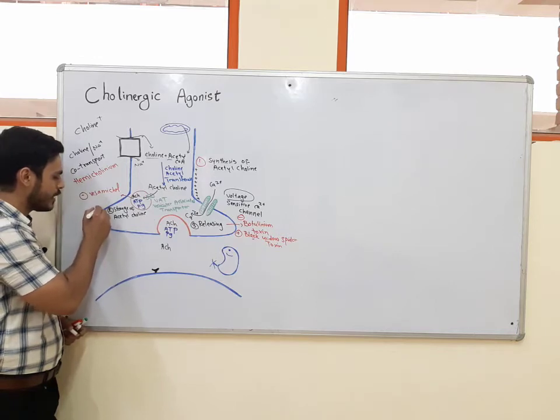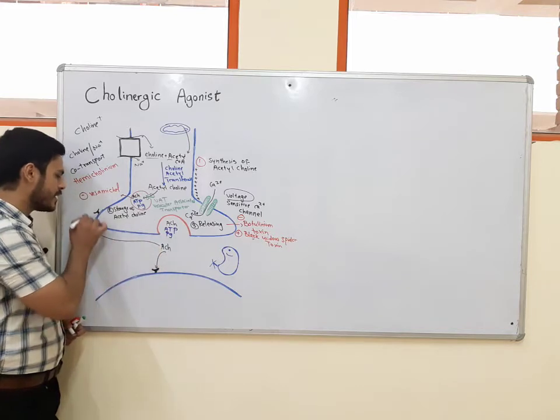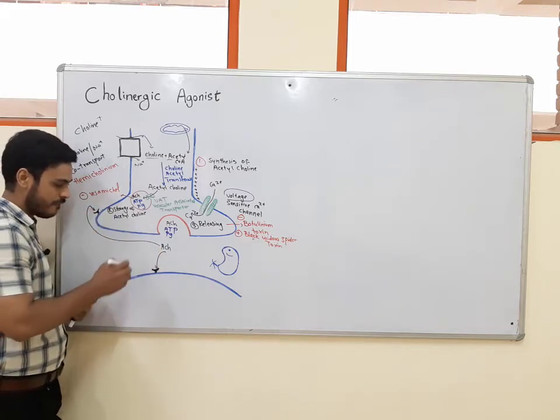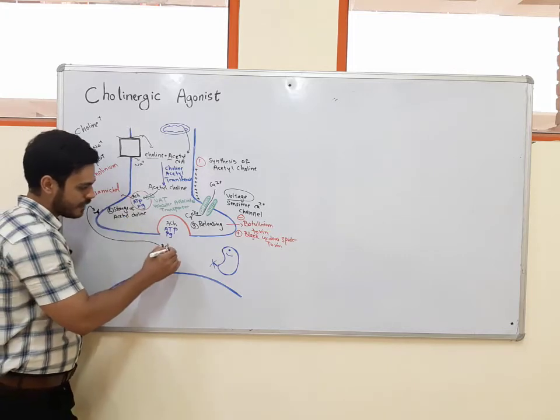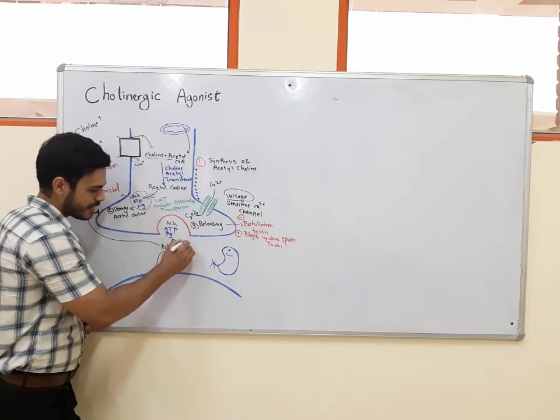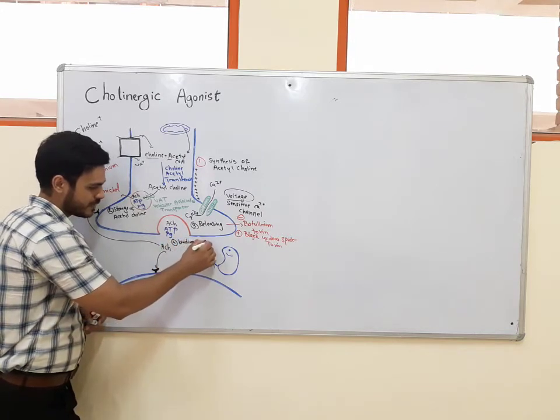This acetylcholine can bind to postsynaptic or to presynaptic receptors and show its effect. So the fourth step in neurotransmission is binding of acetylcholine to its receptor.